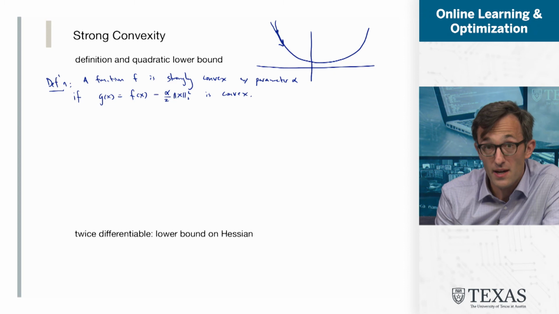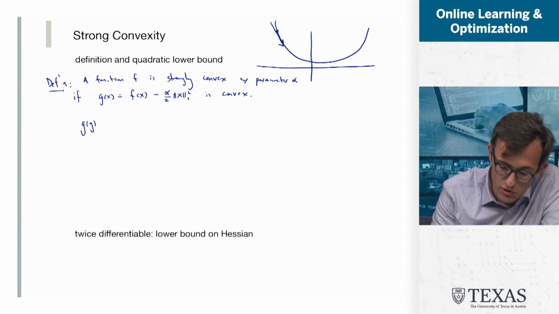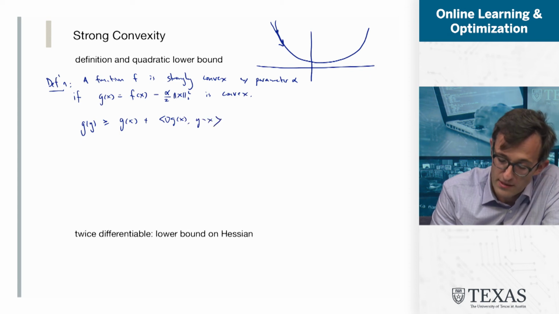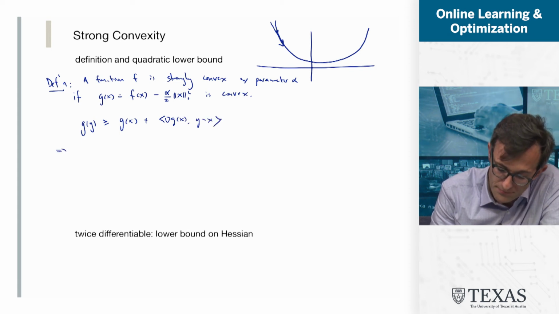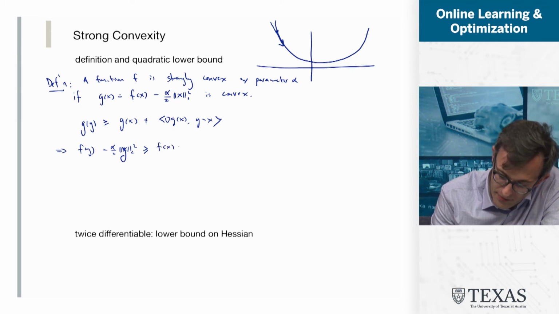Now, if g of x is convex, let's plug in the main inequality of convexity: g of y is greater than or equal to g of x plus the gradient of g of x times y minus x, and see what this gives us. This tells me that f of y minus alpha over 2 y squared is greater than or equal to f of x minus alpha over 2 x squared plus the gradient of g.